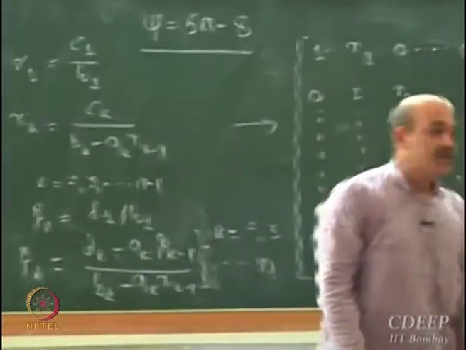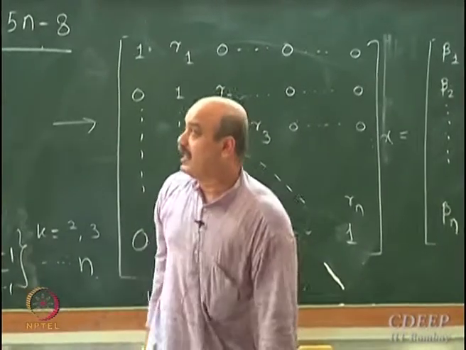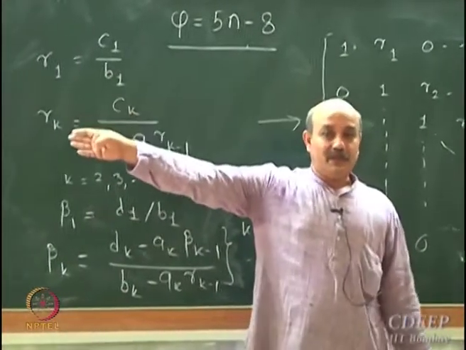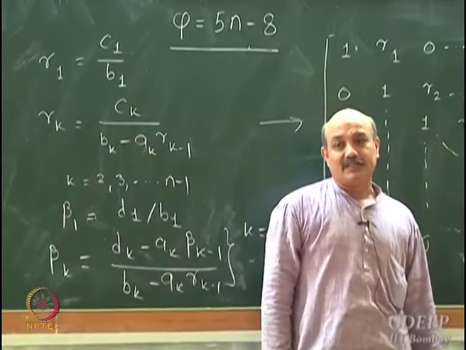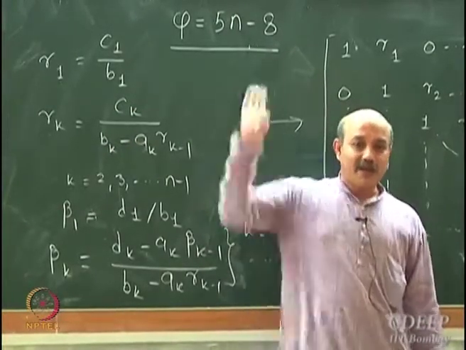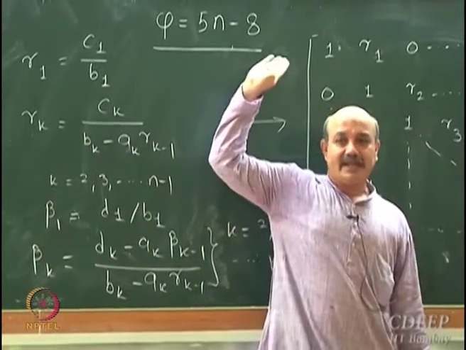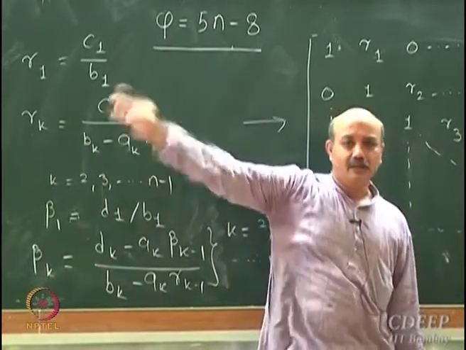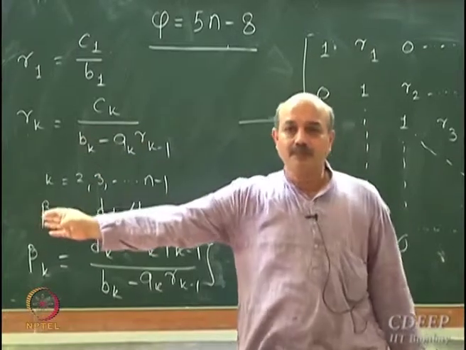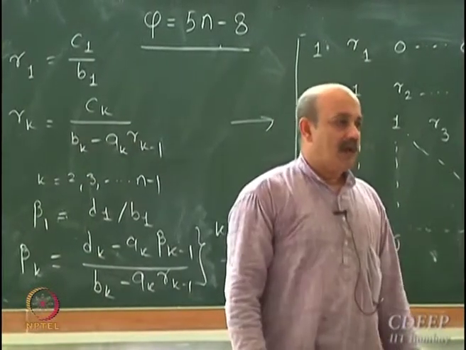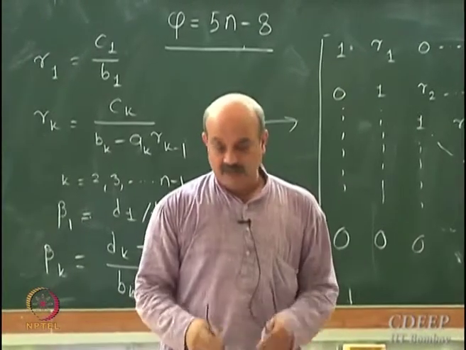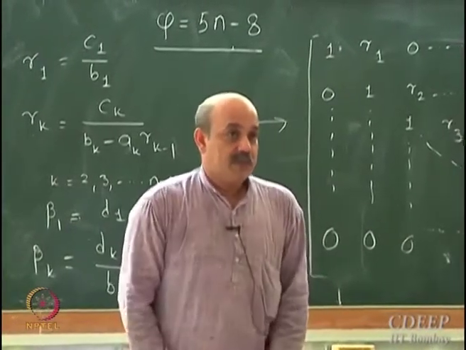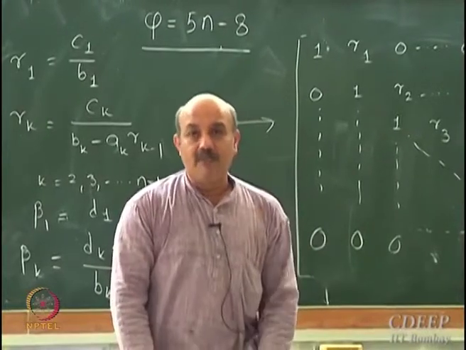If I were to use Gaussian elimination without thinking about the structure, I would be doing roughly n cube by 3 calculations. Here I just do 5n minus 8, significantly lower than normal Gaussian elimination. So the Thomas algorithm is one example where you significantly reduce the computations required by exploiting the structure.